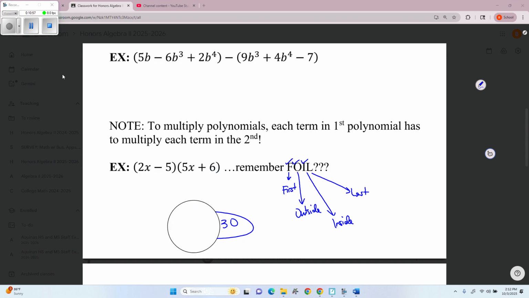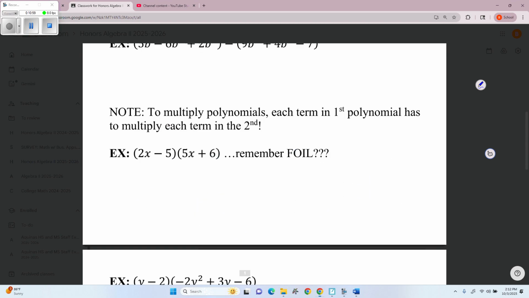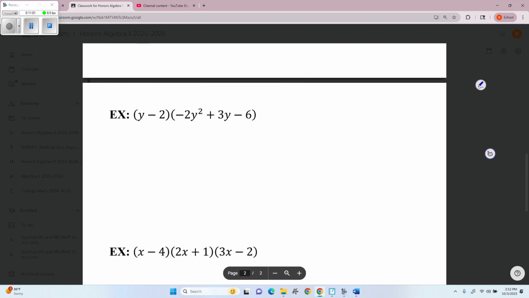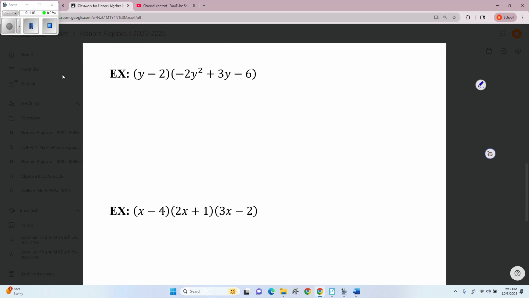Okay, so how does this further complicate? How would we multiply a binomial times a trinomial, right? There's three terms in the second one. So think about what we're really trying to do here. We take the first term in the first parenthesis, and we have to distribute it through to all three terms in that second parenthesis.